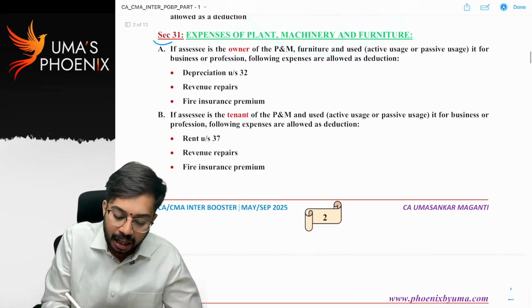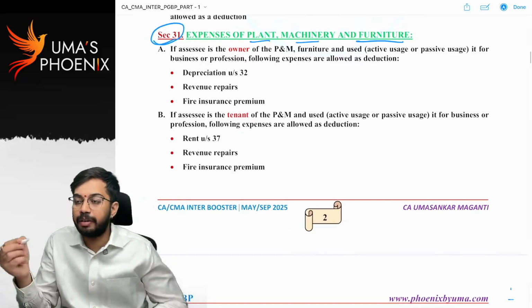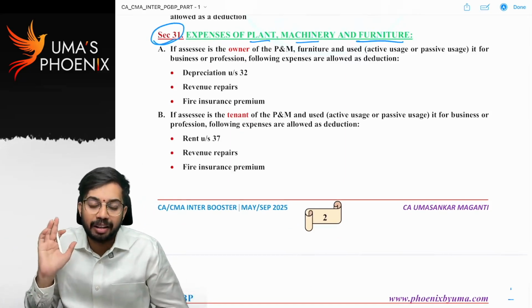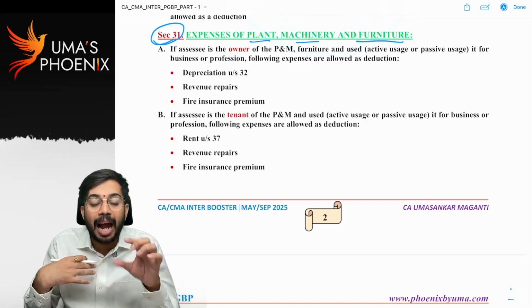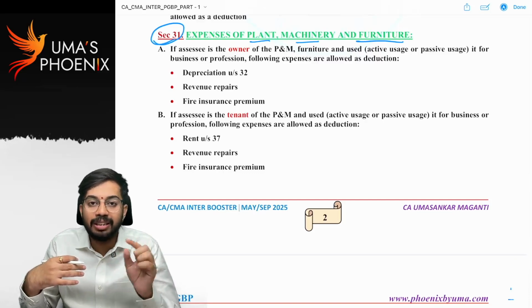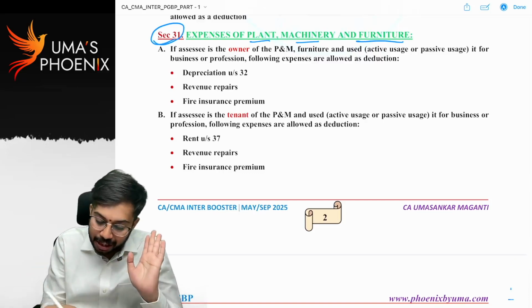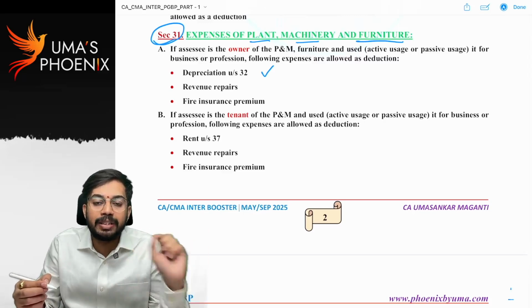Next, section 31, it speaks about expenses of plant, machinery and furniture. I purchased one generator. Now who is the owner of the generator? I am the owner. That means plant and machinery is owned by me. Whatever the depreciation on that generator is there, I can claim it as deduction. Maintenance is there. Every 3 months I will do maintenance for generator.